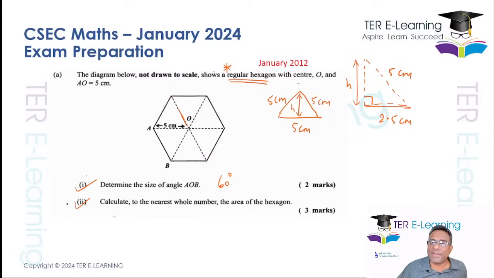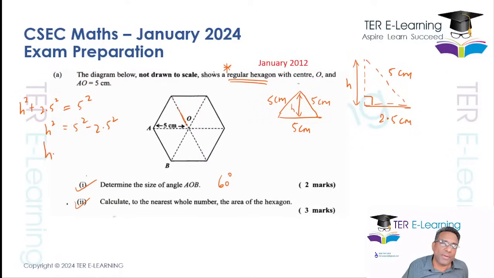So I'm going to use Pythagoras' theorem. So I'm going to say h squared plus 2.5 squared is equal to 5 squared. So therefore h squared is equal to 5 squared minus 2.5 squared.